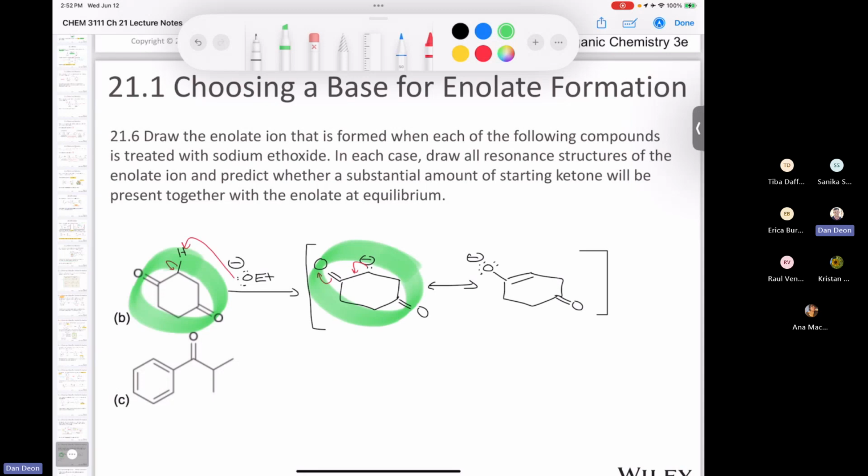So am I going to have an appreciable amount of both of these? Or am I going to only have the enolate in this case? Could anybody tell me? Will I have both or just the enolate in this specific case? Keep in mind, sodium methoxide is not a super strong base.